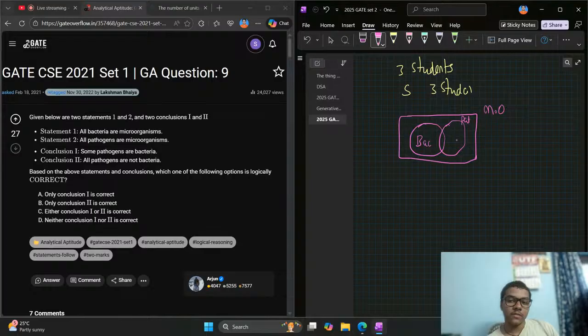All pathogens are not bacteria, you cannot say this. Okay. These are conclusions. Some pathogens are bacteria. If all pathogens are bacteria, then it would be like this. So that's not the case.